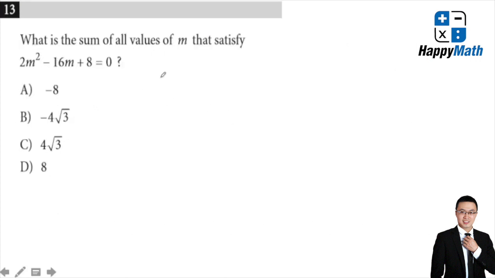What is the sum of the values of m that satisfy? Okay, so m will be the solution for this quadratic equation. The quadratic equation always has the general form ax squared plus bx plus c equal to 0.